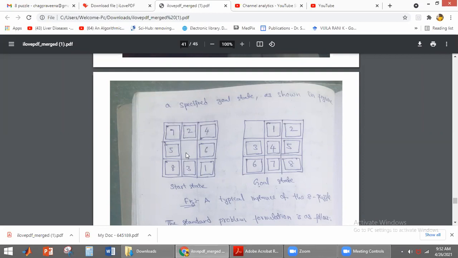Okay, so the squares adjacent to this, that is 2, 5, 6, 3, these are adjacent and can move to this empty location. Finally, when we are moving like this, it has to reach the state like this.